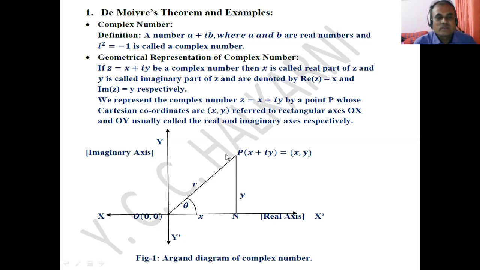In mathematics, there are three types of coordinate systems.